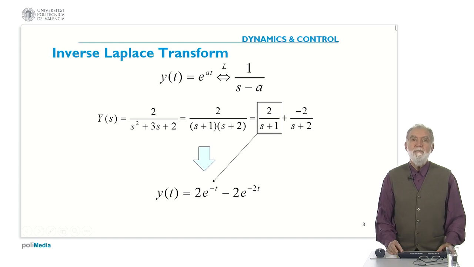And then the result is the sum of two exponentials with the coefficients 2 and minus 2, and with the exponentials minus 1 and minus 2.